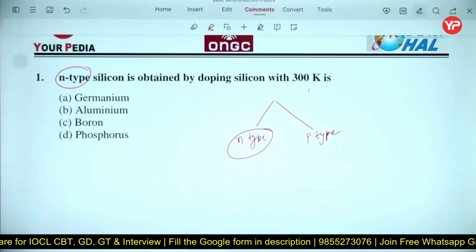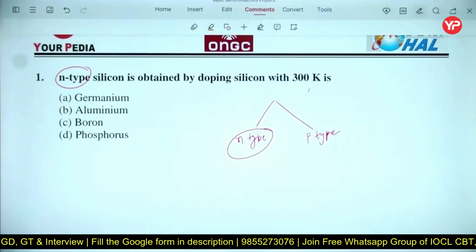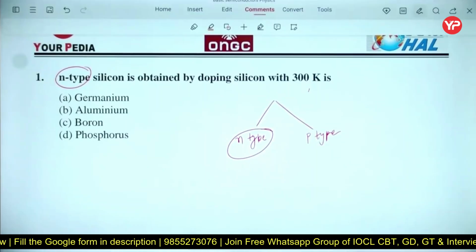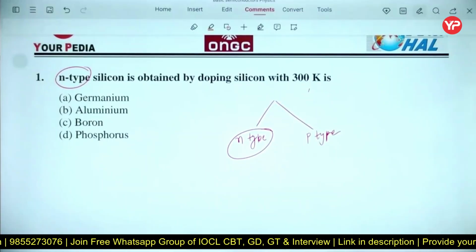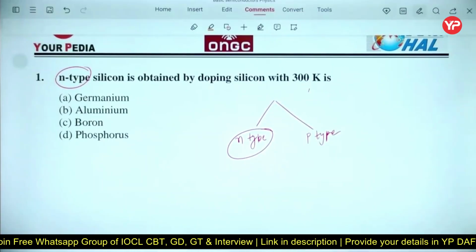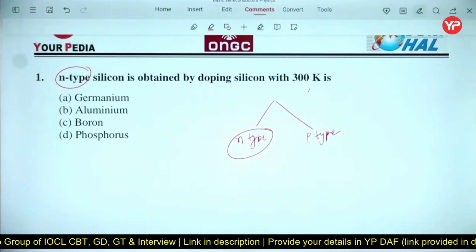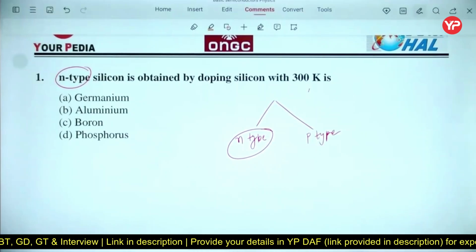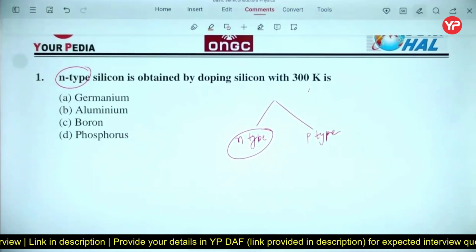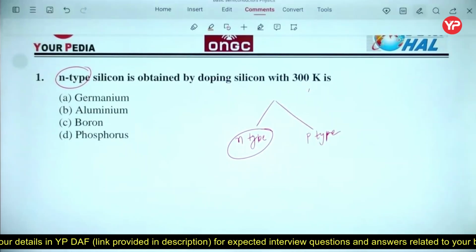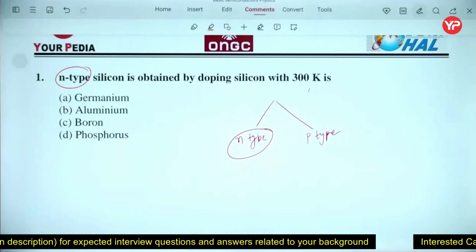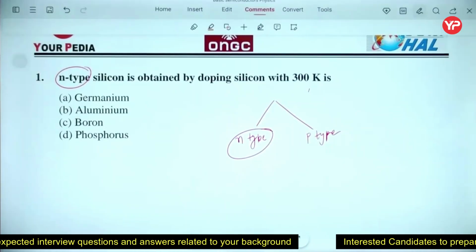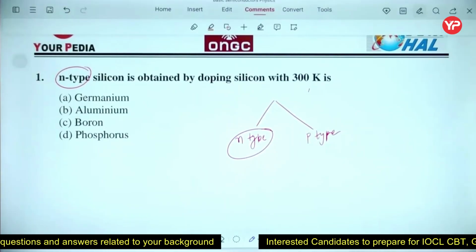Pentavalent means whose outermost shell has 5 electrons. Fifth group elements are generally pentavalent impurities. We have to introduce the pentavalent impurity to make an N-type semiconductor.